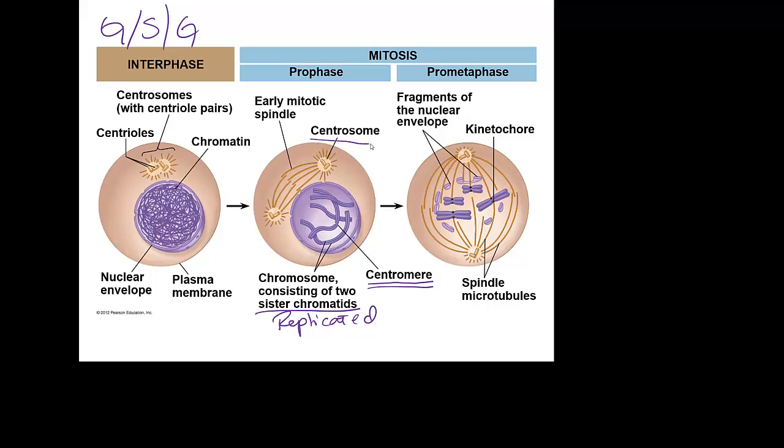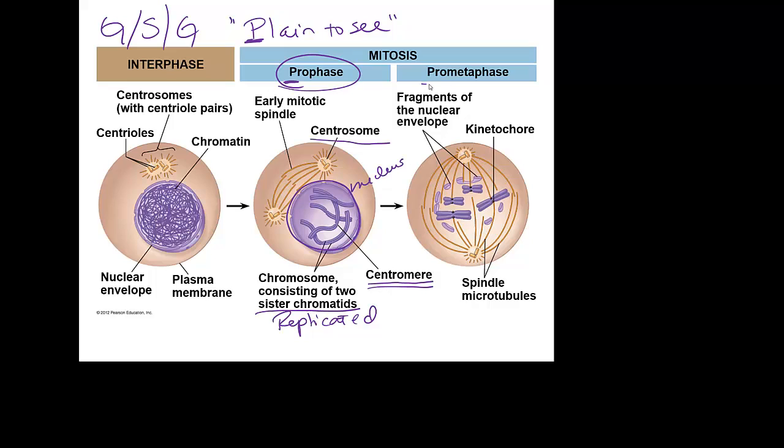Here are centrosomes beginning to build our mitotic spindles. And this phase I remember as plain to see. P, P. And what I mean is I can clearly see the chromosomes inside my nucleus. So remember, the purple is the nucleus.